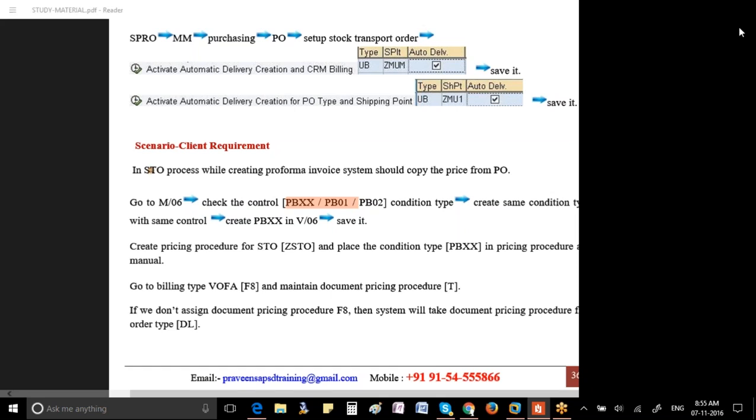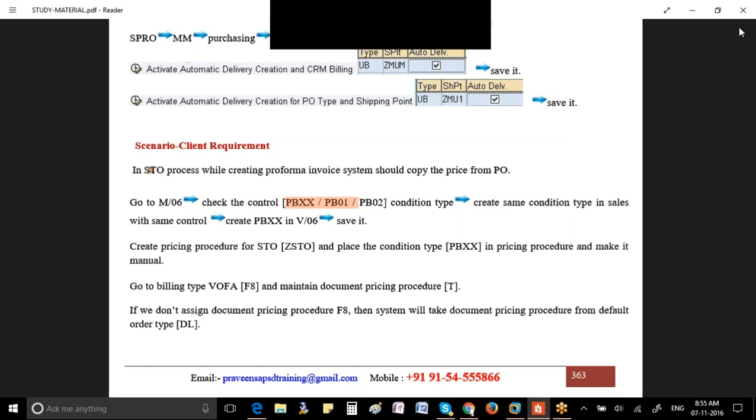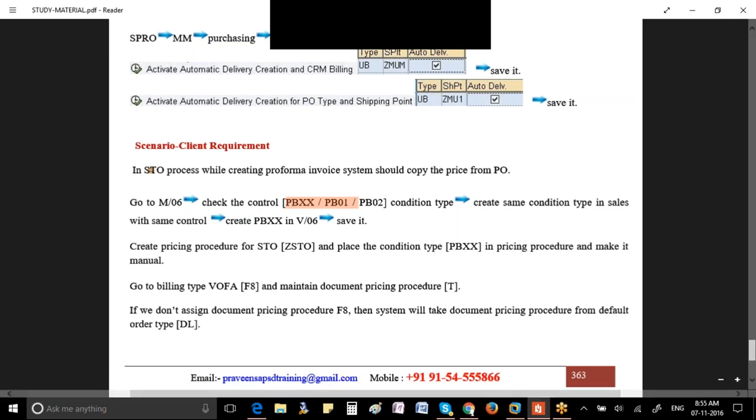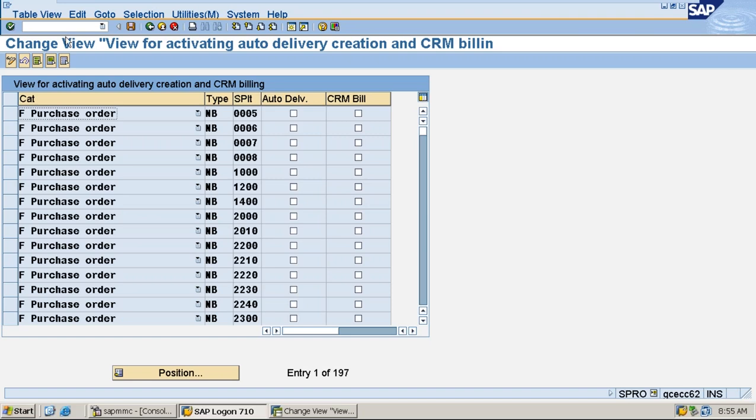So what you should do is create the same condition types in V/06. If I go to V/06, you will not have PBXX there. /n V/06, you go there. I don't know if I already created it, it might be, but I hope I haven't created it.